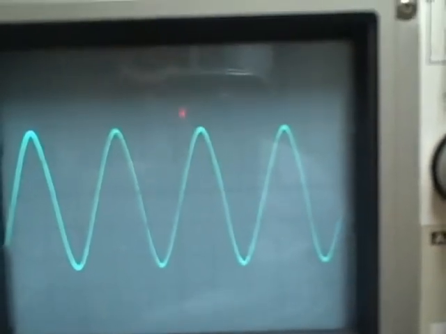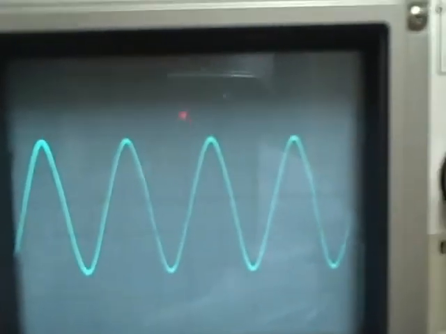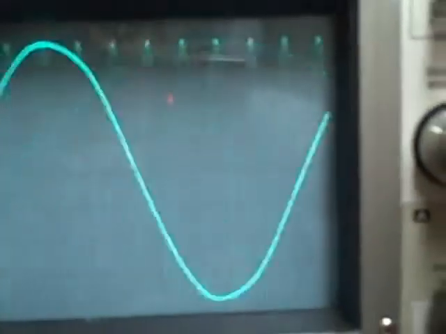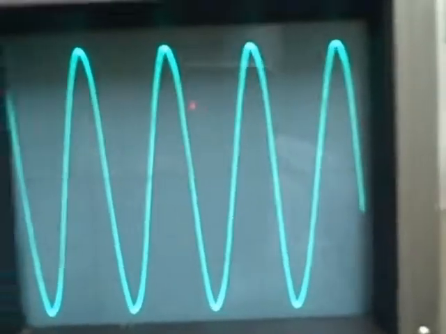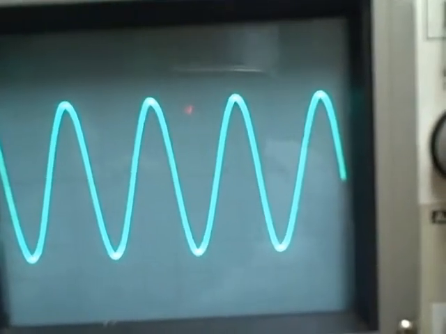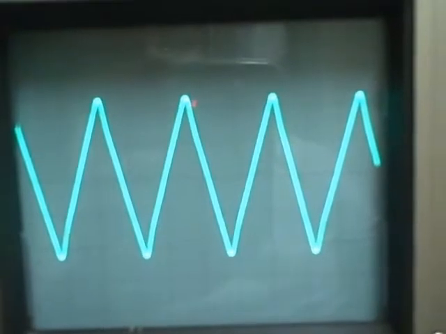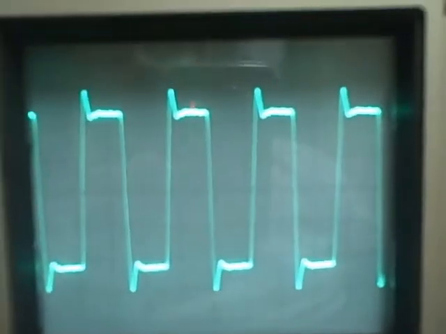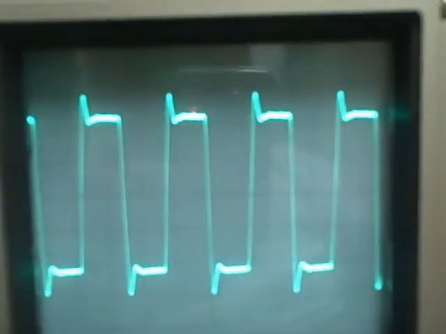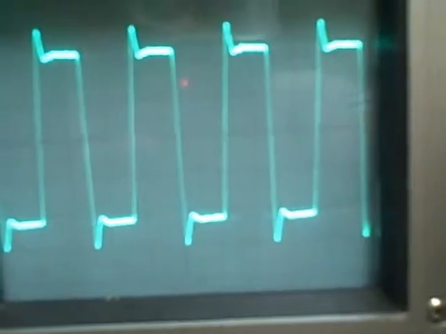Alright, and we got a variable symmetry. Let's see. Different waveforms. We're right now setting on the sinusoidal waveform, and I can go to the triangle. That's the square wave. This frequency, it doesn't do a square wave all that great.